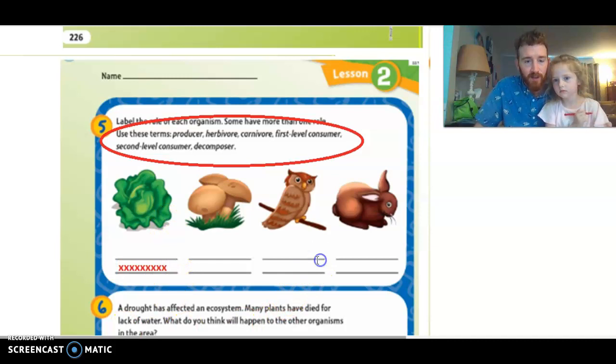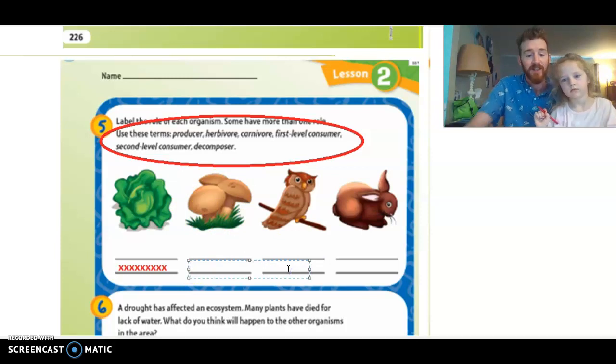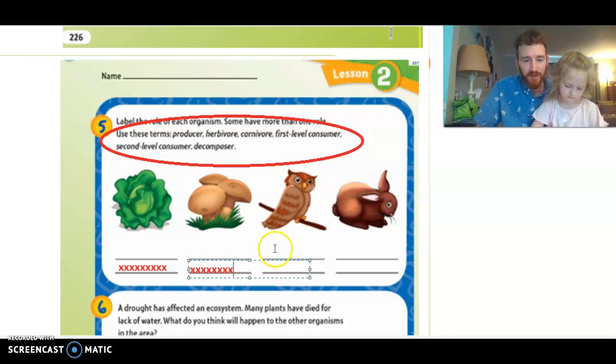And then also for the fungus here, the mushrooms, think about what role that plays in breaking down the dead matter. Okay, funguses and mushrooms might look like plants, but they're actually those special kinds that break down dead matter. So I'm going to kind of use that as a little hint. Okay, so now you've got 2 of these lines marked off.